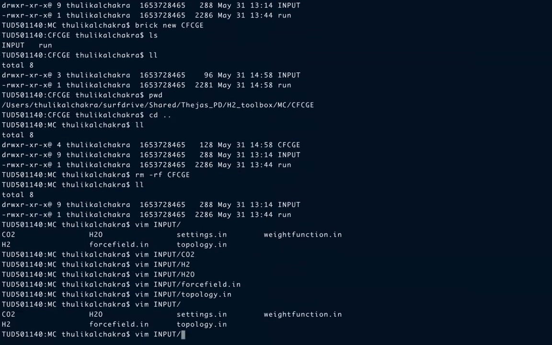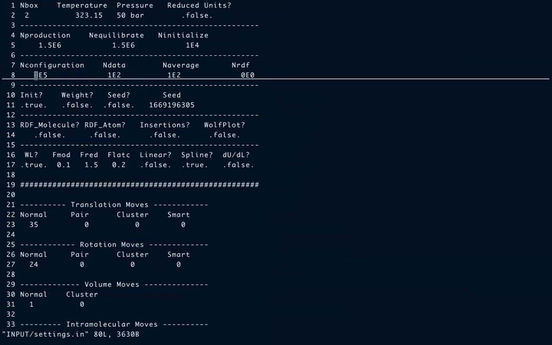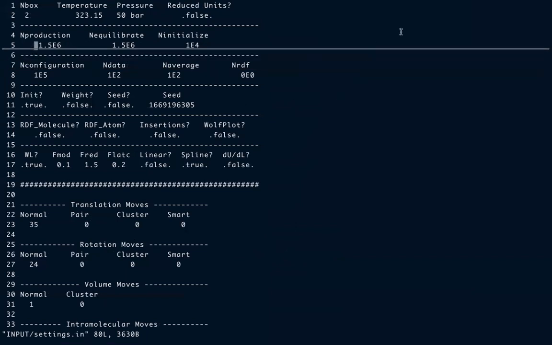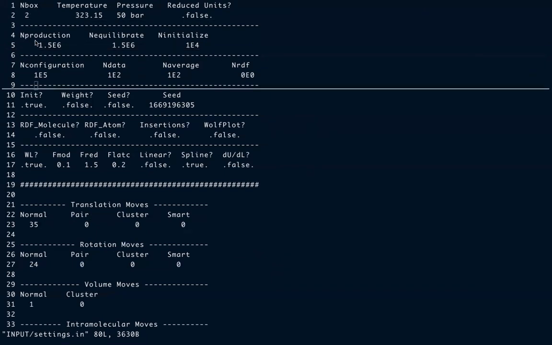Now, finally, we will see the settings that we require to run this simulation. So here I specified that we should have two boxes. Sorry for this. The temperature should be 323.15 Kelvin.